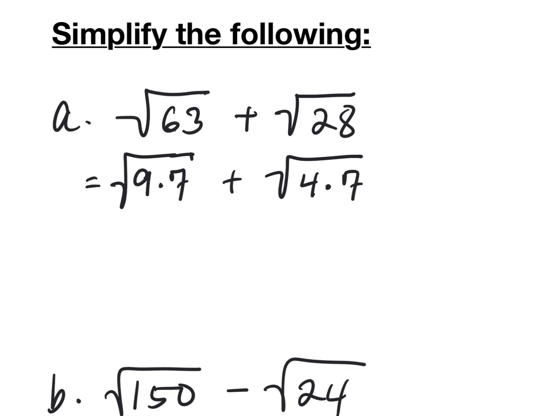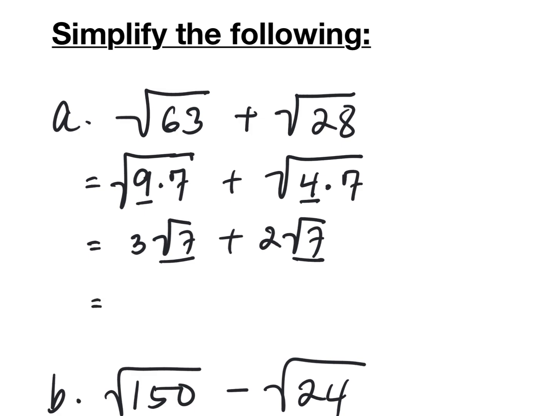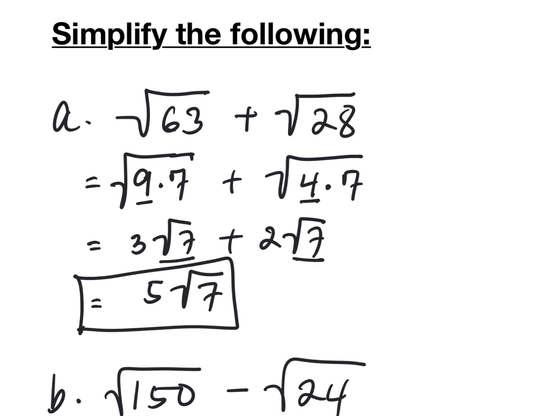So here we can now have our perfect squares. So let's simplify that. That's going to be 3 root 7 plus 2 root 7. The like radicals here is root 7. So simplifying further, 3 plus 2 is going to give you 5 root 7. So that's the answer to that problem.